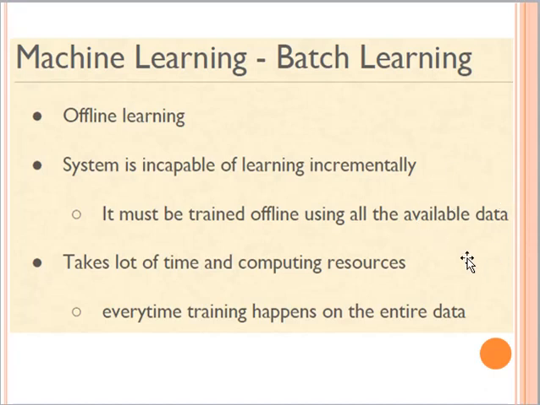So in offline learning, I am utilizing all the available data, and I am performing training of my algorithm in an offline mode. This process can be very time consuming, and it can also be resource intensive, right? Why?